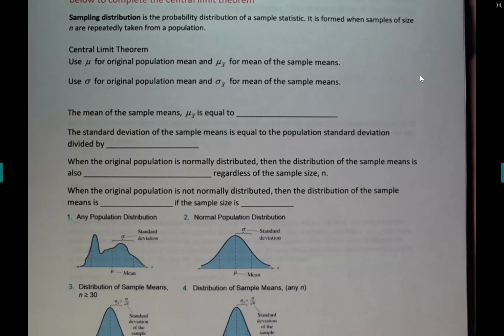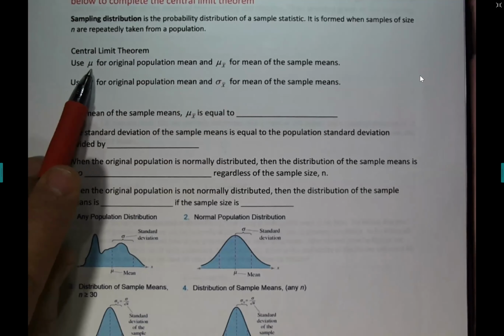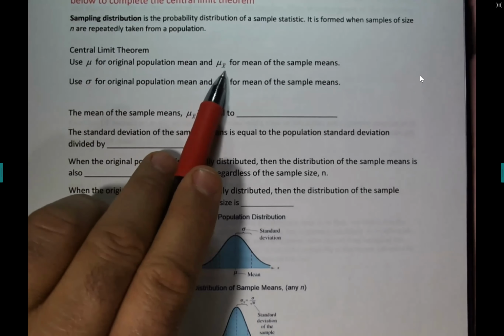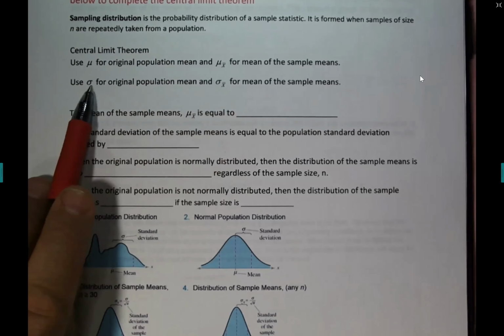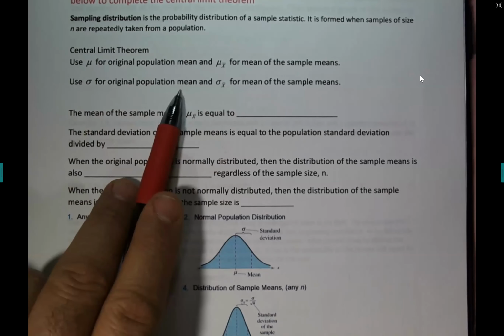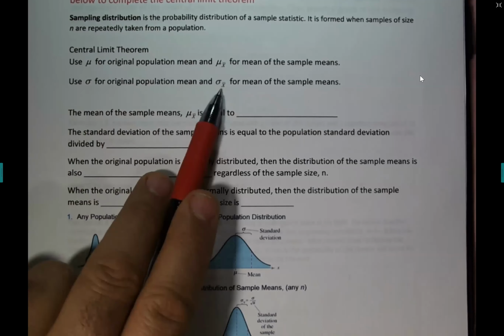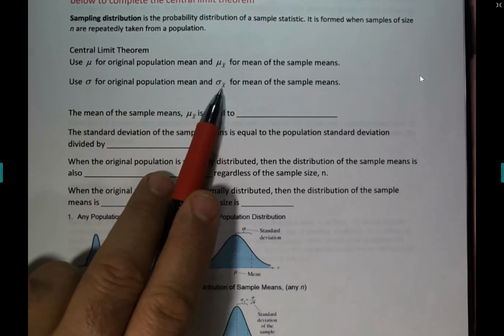Remember, guys, we had two graphs. The top one was for the original population and the bottom one was for the sample means. It's telling me use the mean mu, this symbol, for the original population, and use that symbol for the sample means. And use sigma for the original population's standard deviation, and sigma of x bar for the standard deviation of the sample means. X bar refers to the samples, guys.